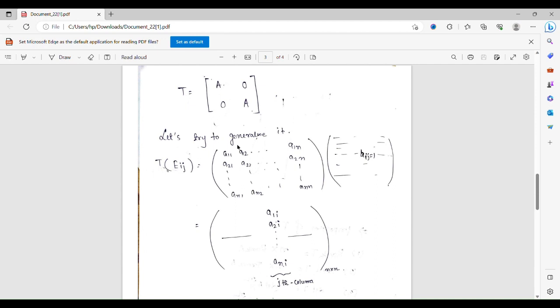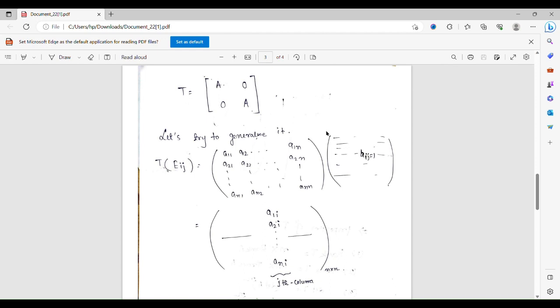We know that the first position of this product matrix must be the dot product of the first row and first column. The first row, second entry must be the product of the first row and second column. That means if we say the entries of this matrix are Bij, then the Bijth entry is the ith row of this matrix and jth column of this matrix dot product, right?